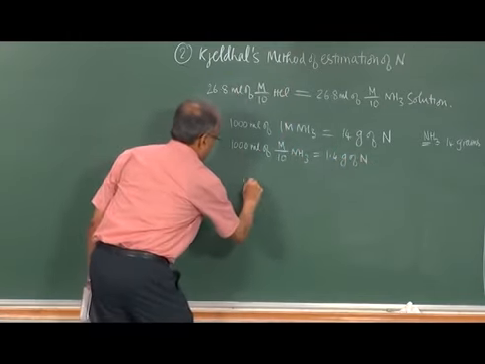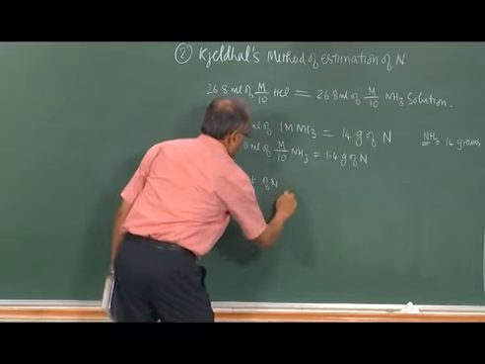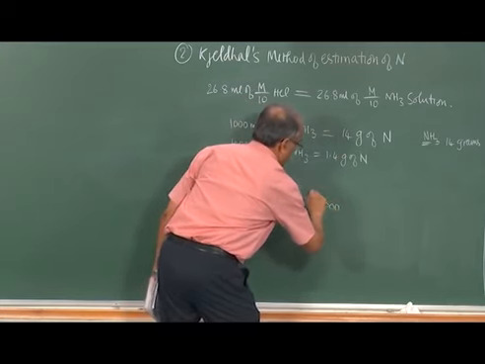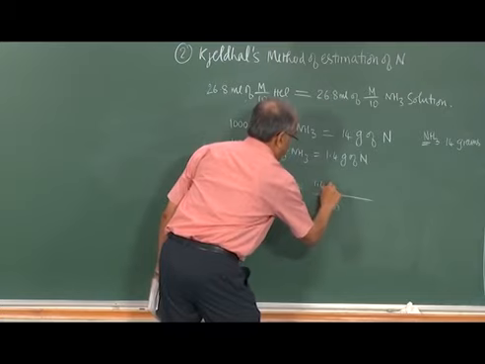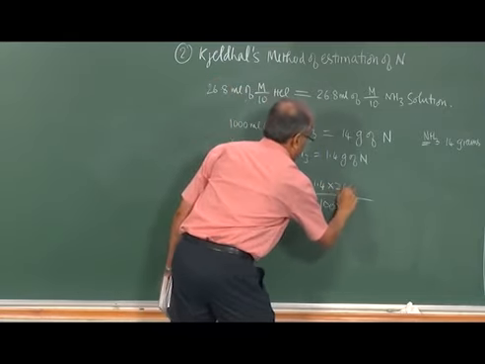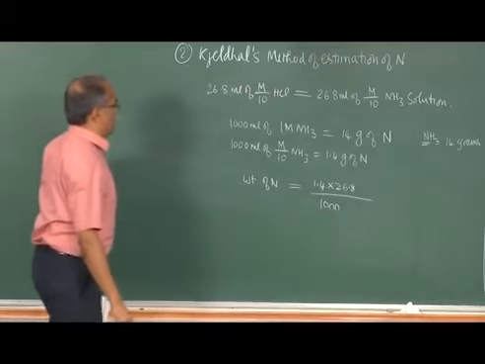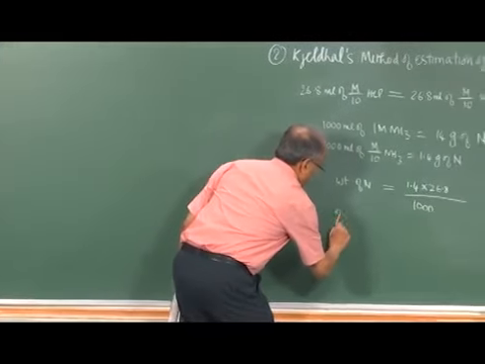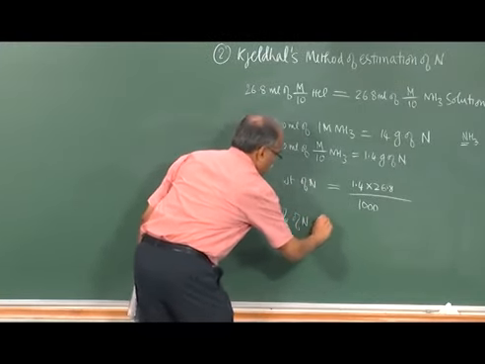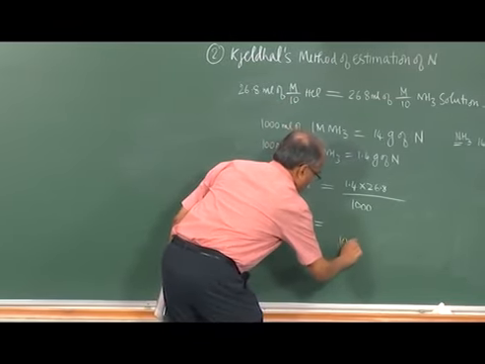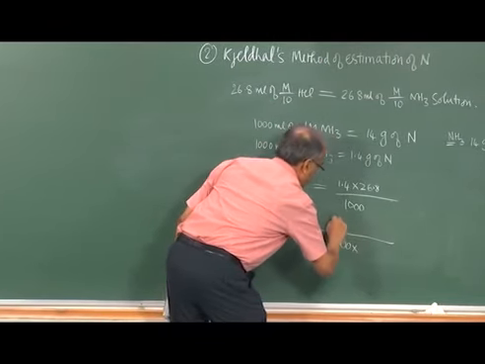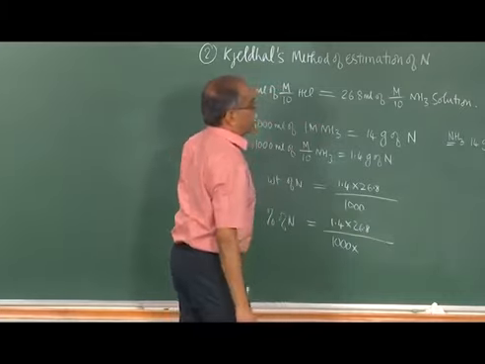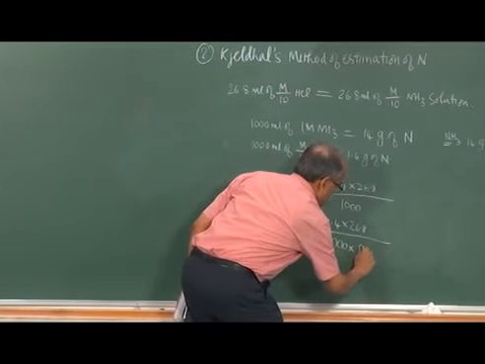So, the weight of nitrogen from the ammonia that is liberated: for 1000 milliliters it is 1.4 grams, so from 26.8 milliliters how many grams of nitrogen is present here? If you want the percentage of nitrogen in the organic compound, you have to take the weight of the organic compound that is taken, which is 0.257 grams.